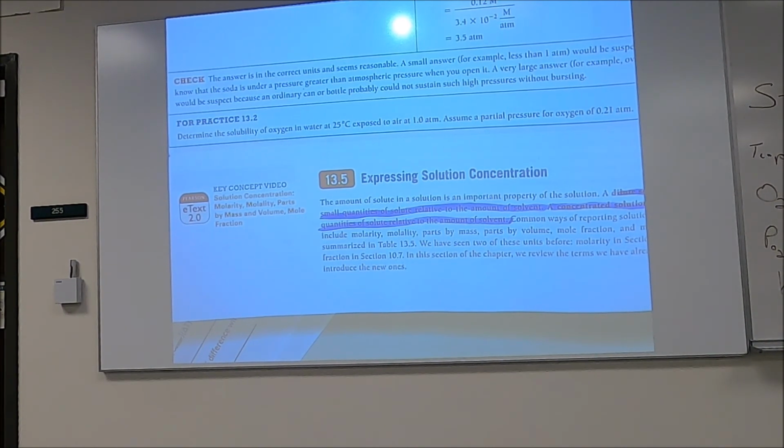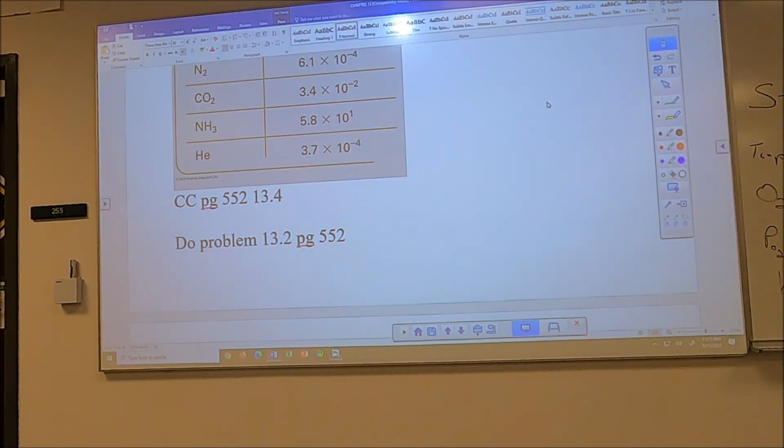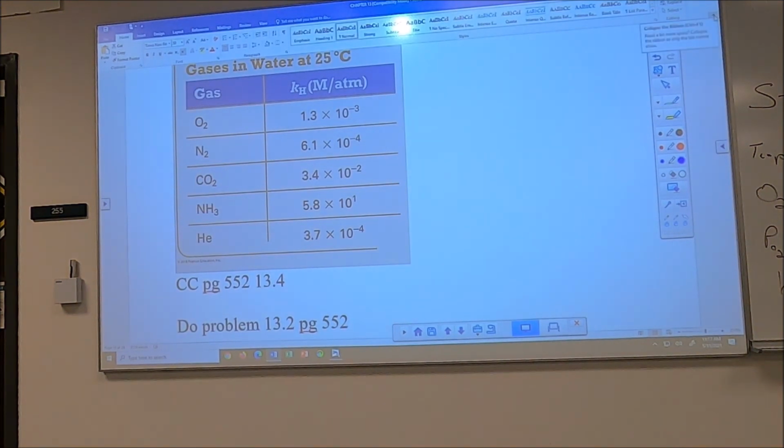Now I'm going to flip over so that we've got our chart again. Now for oxygen, K is 1.3 times 10 to the minus 3.